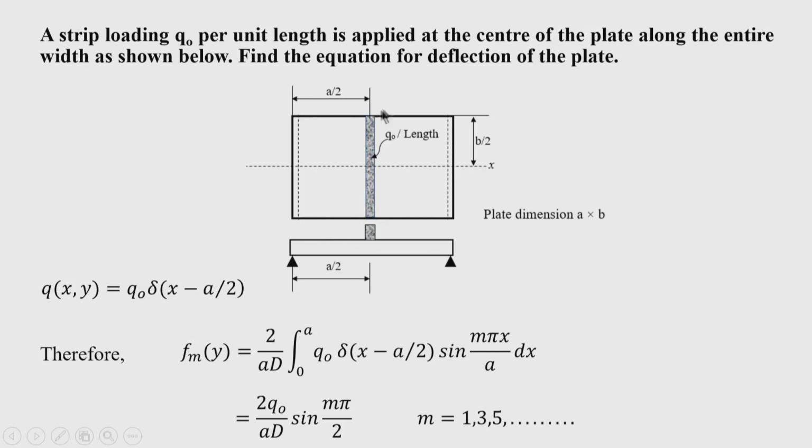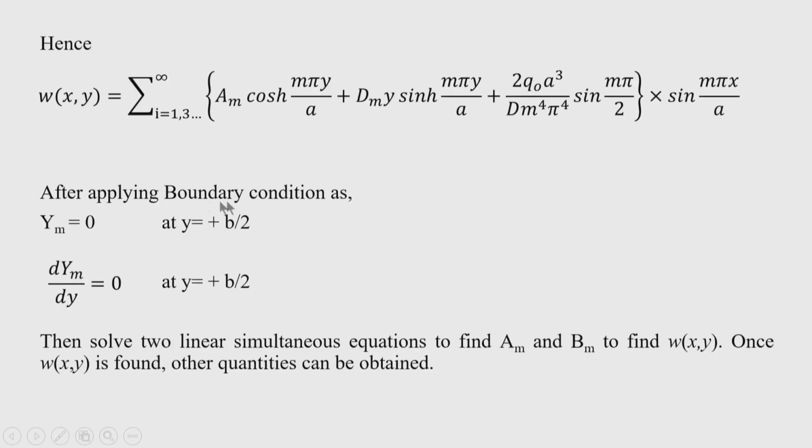If the two ends are fixed, then I apply the boundary condition of the fixed end, say Y_m equal to 0 at y equal to plus b by 2 or minus b by 2, and dY_m/dy equal to 0 at y equal to plus b by 2 or minus b by 2. Any edge you can take, because the same condition exists on both the edges.